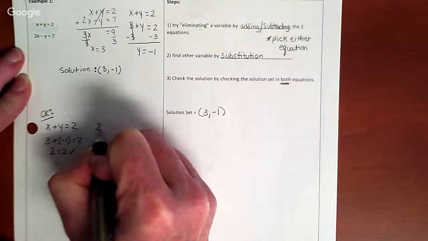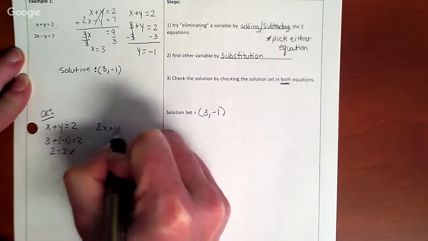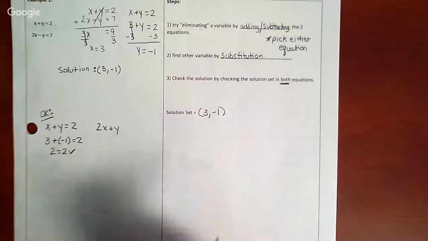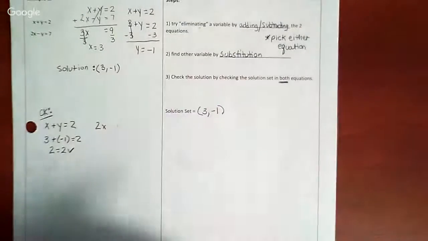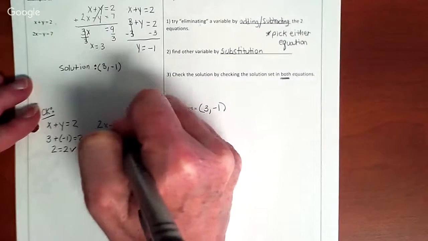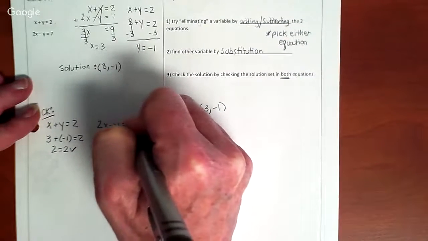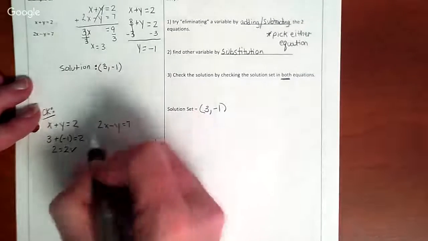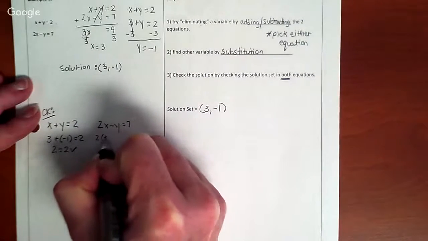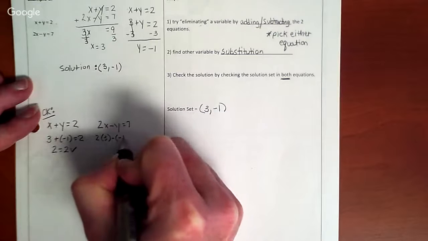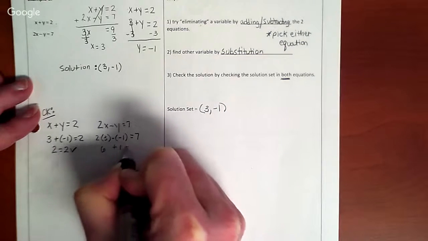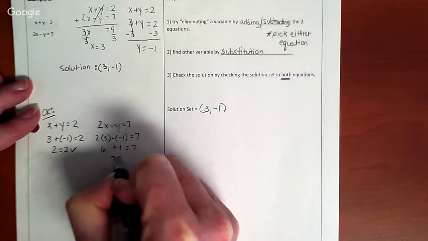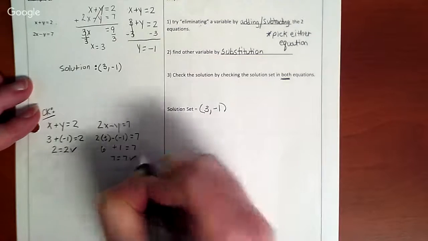The next one, 2x minus y, sorry, equals 7. So 2 times 3 minus -1 equals 7. 6 plus 1 equals 7. 7 equals 7. Very good.